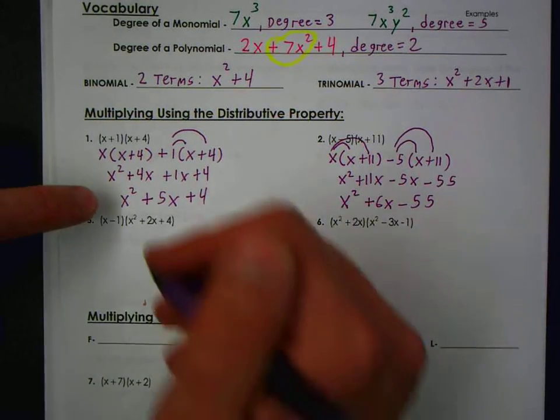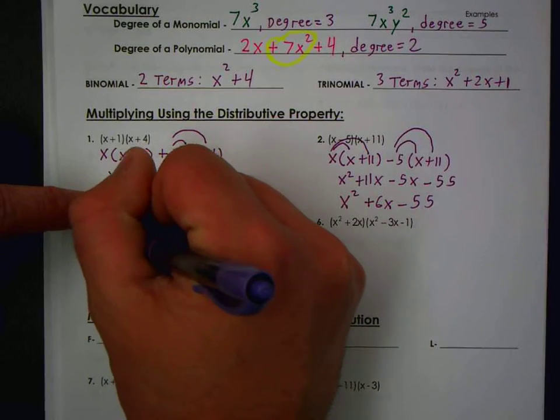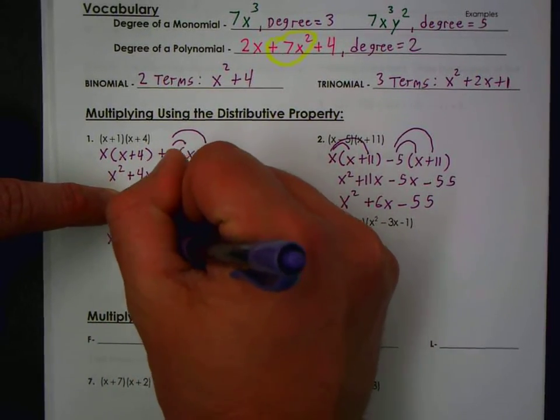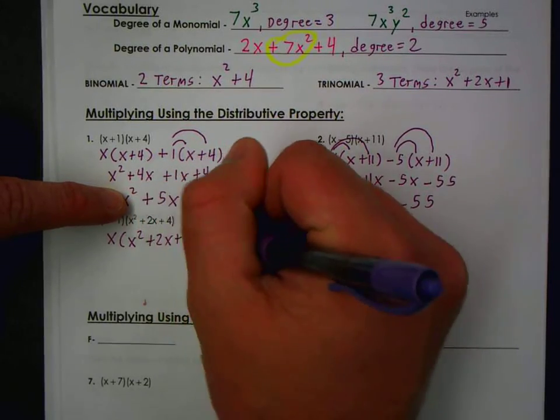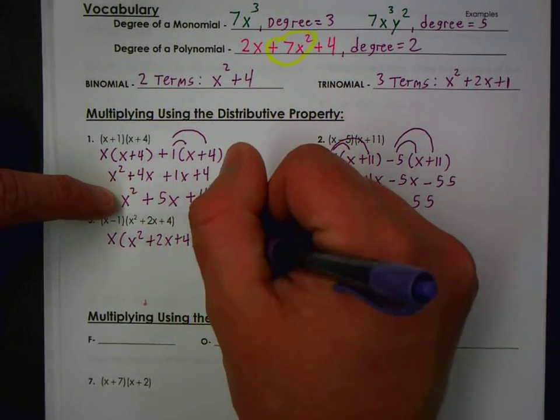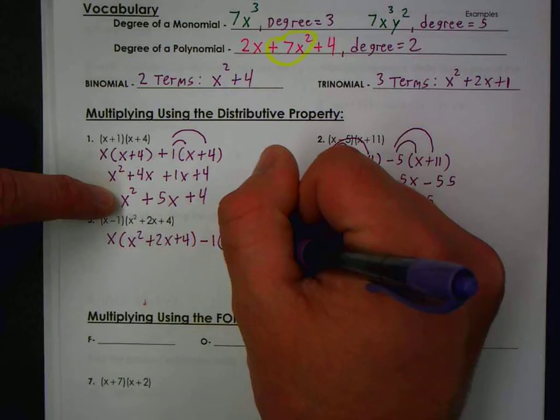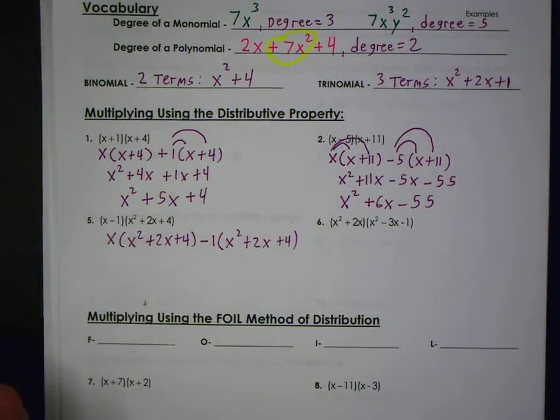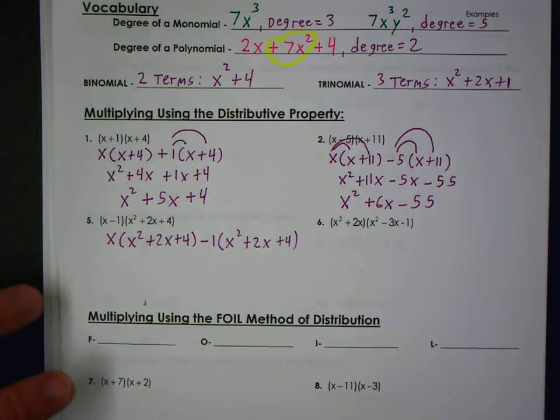Next, x in front of x squared plus 2x plus 4, and then minus 1 in front of x squared plus 2x plus 4. Now remember, a negative 1, all that does is change all the signs. That's all a negative 1 does in multiplication. Do the math.